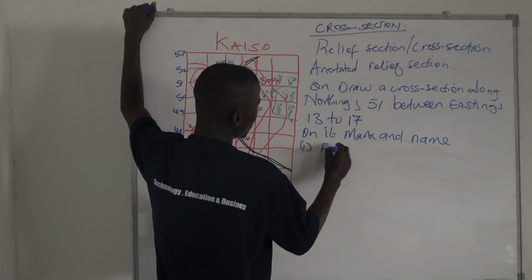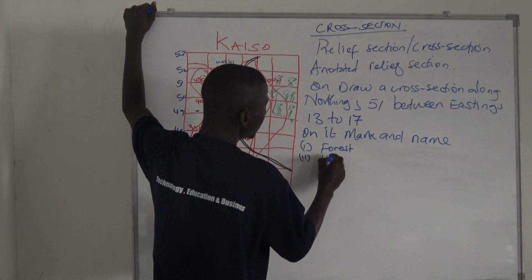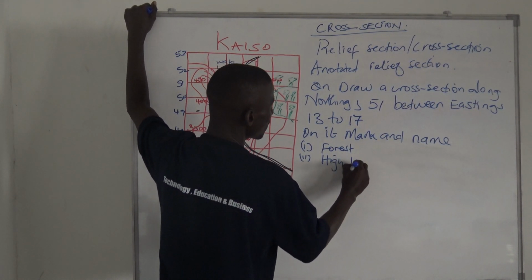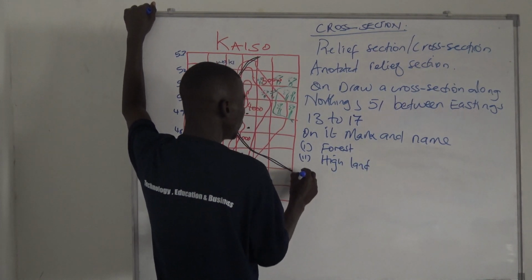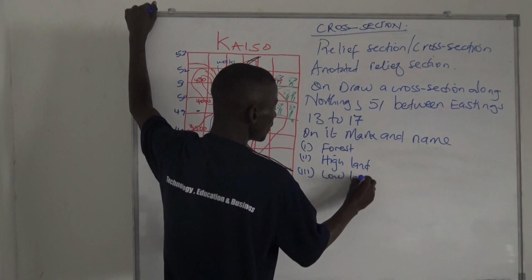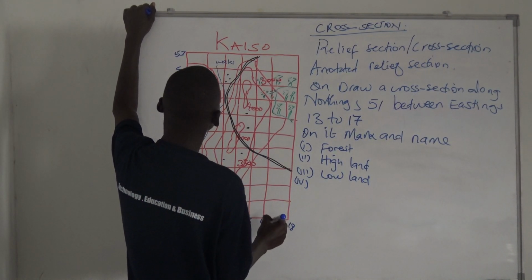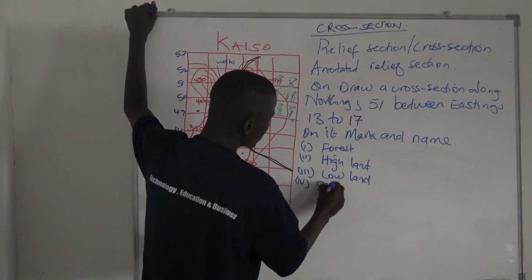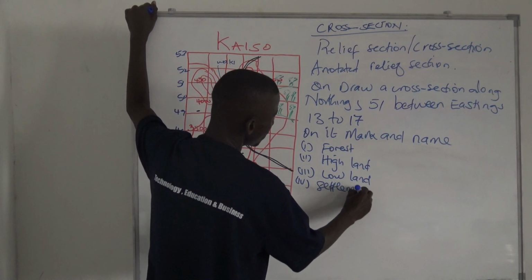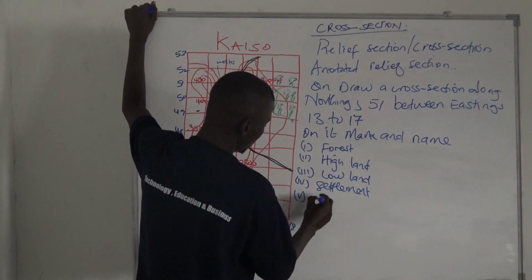Forest. 2. Highland. 3. Lowland. 4. Settlement. And maybe 5. River.